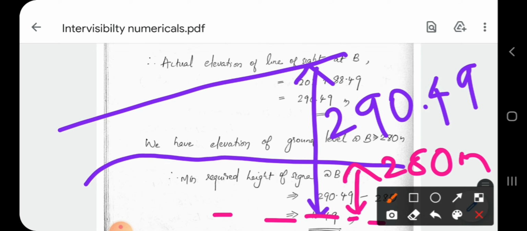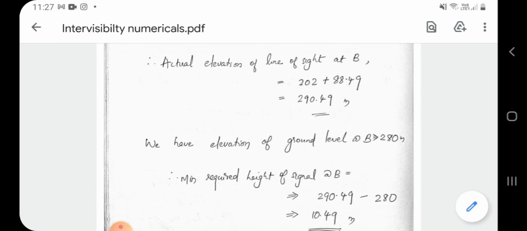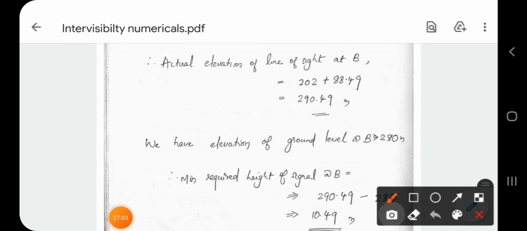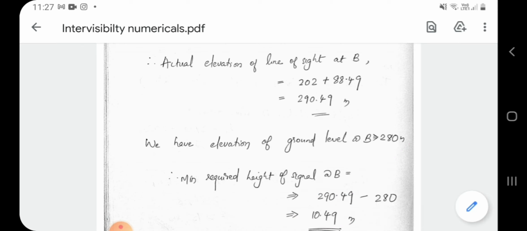So the required height of the signal will be 290.49 minus 280, which is 10.49. That is the minimum height of signal to be provided at station B.